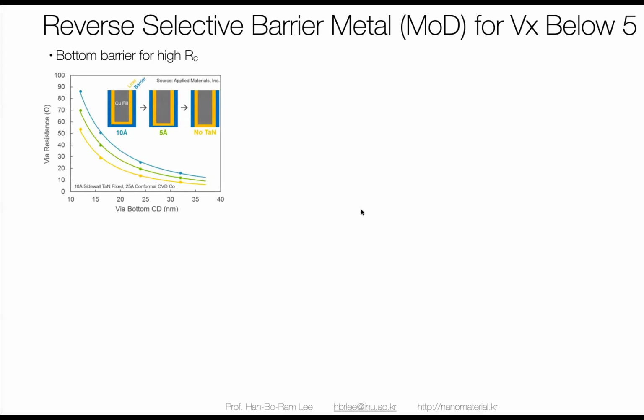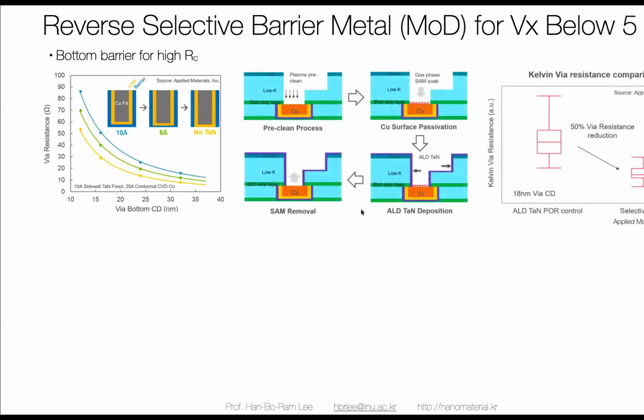So the idea for this reverse selective barrier metal is to have an inhibitor on the copper, and then deposit the diffusion barrier, and then deposit the copper by using electroplating. Because there is no diffusion barrier on the copper, we can increase the conductivity between the bottom MX line and the top MX line, the M0 or M1.